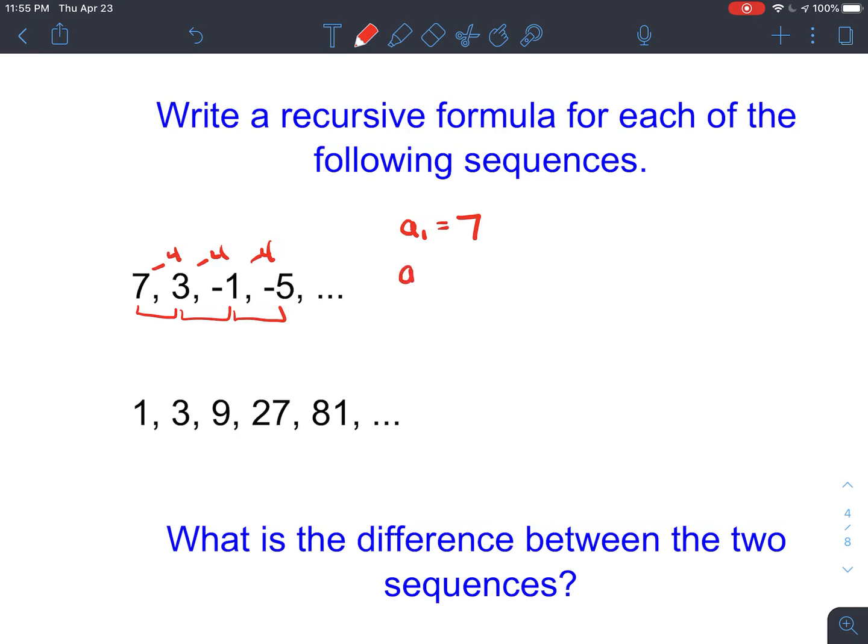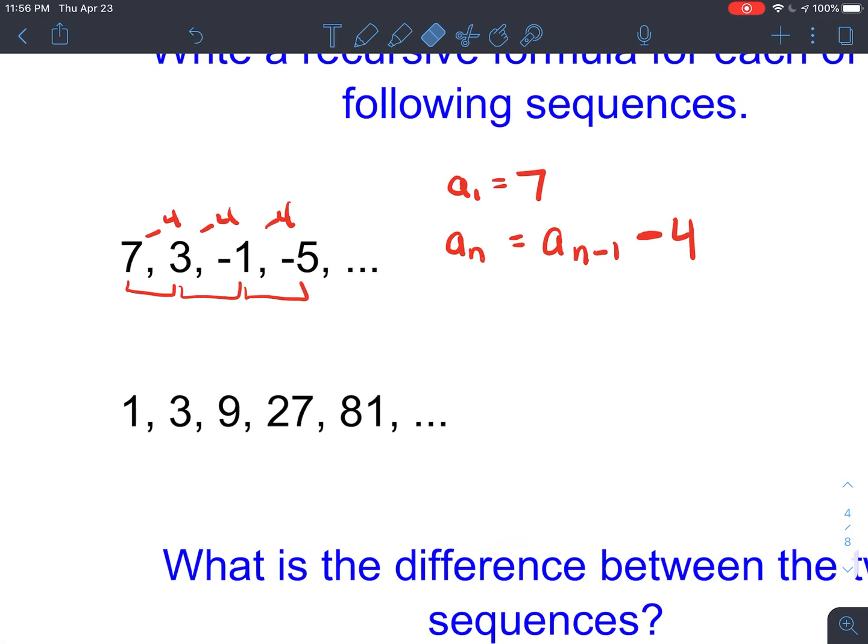Now we need a rule to calculate all the terms after this. It's asking for a sub n, any general term. We're going to take the term before it, a sub n minus 1, and subtract 4. Remember, this minus 4 does not have anything to do with the subscript. That subscript's attached to the a. So that would be our recursive formula.